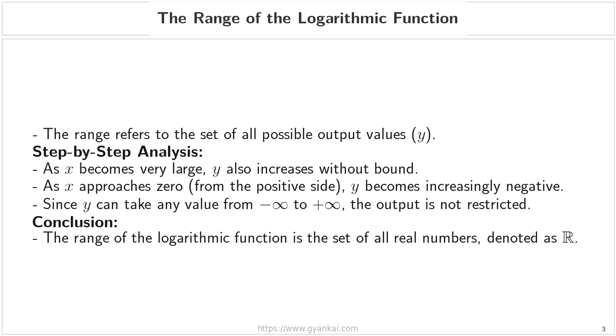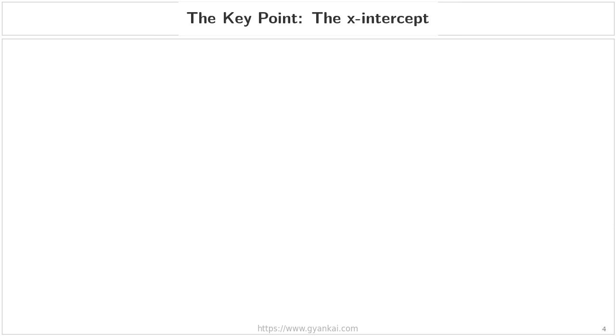Therefore, we can conclude that the range of the logarithmic function is the set of all real numbers, which is denoted by the symbol R. Now that we understand the possible inputs and outputs, let's identify a specific key point that every logarithmic graph will always pass through. The key point, the x-intercept.